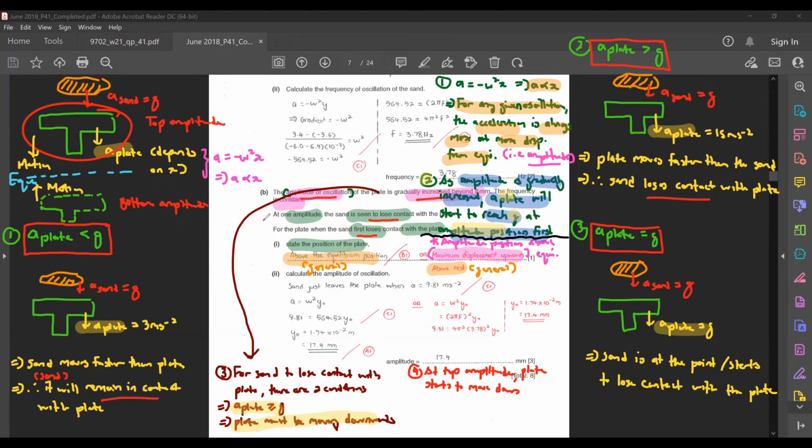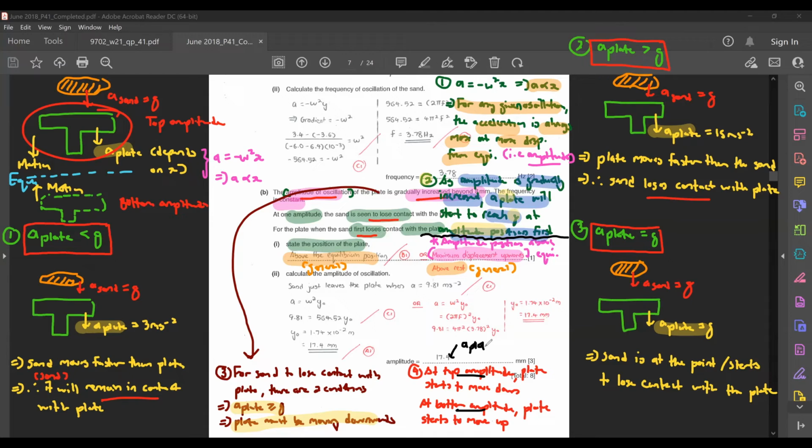That's as far downwards as it can go. So the next instant of time, it must be moving upwards. So here, the next thing you can probably say is that at bottom amplitude position, the plate starts to move up.